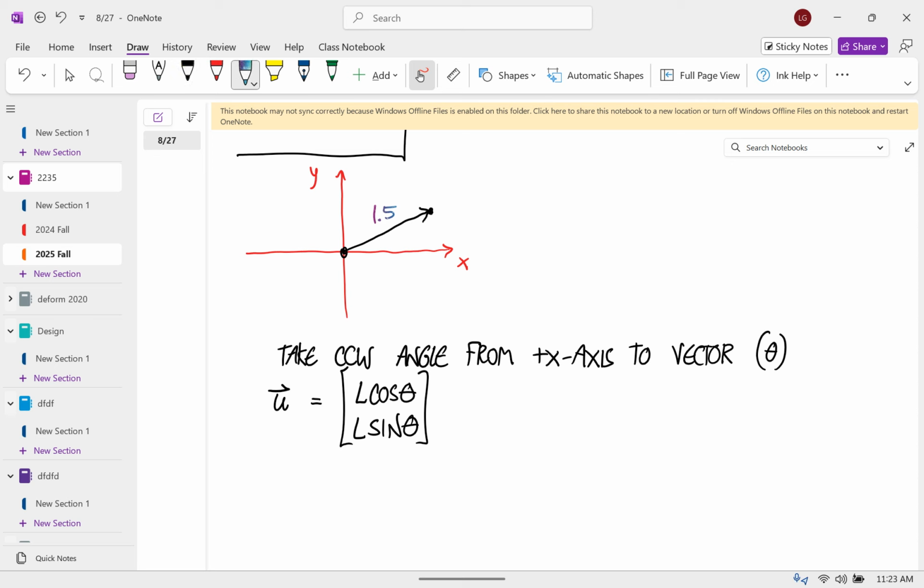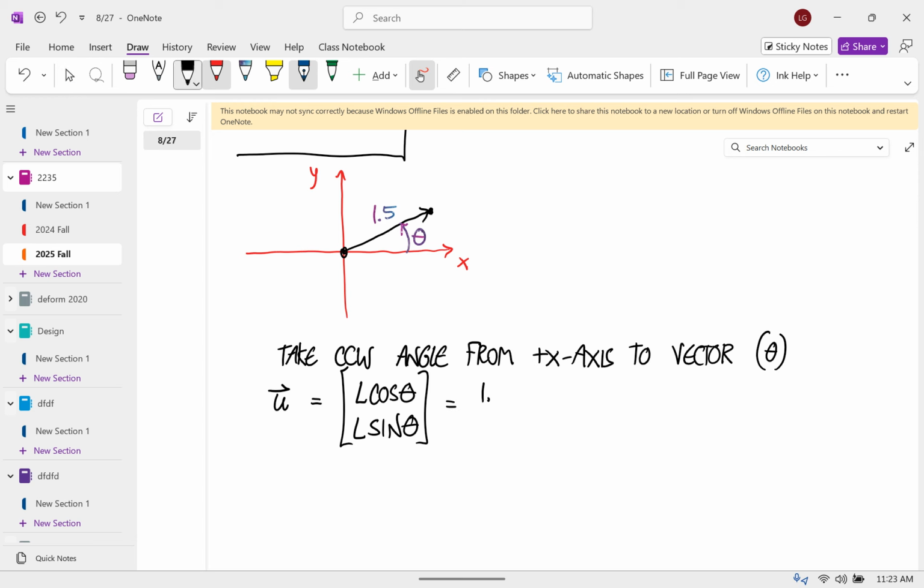In this case, the theta that we want, we start at the positive x-axis, go counterclockwise to the vector, and that's our theta. You can also go clockwise and call it a negative angle, and it works just the same.